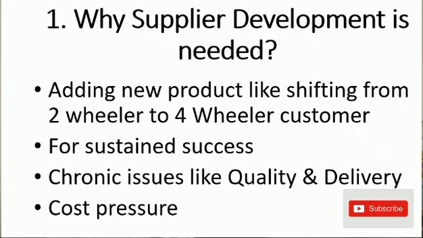Another reason could be that, for long-term success, the organization wants to see whether suppliers also have the same kind of vision. Some other reasons could be chronic issues which are regularly happening with the suppliers, which may result in thinking that yes, there should be a process for supplier development.